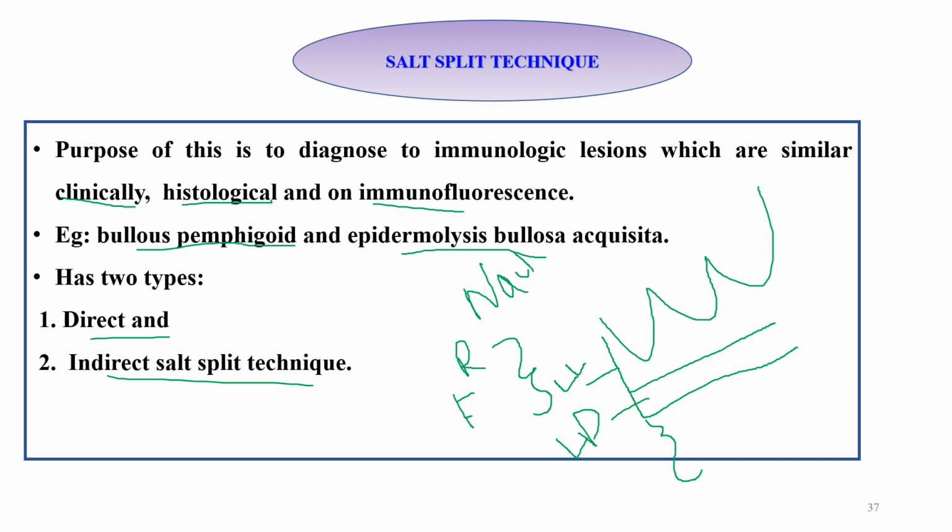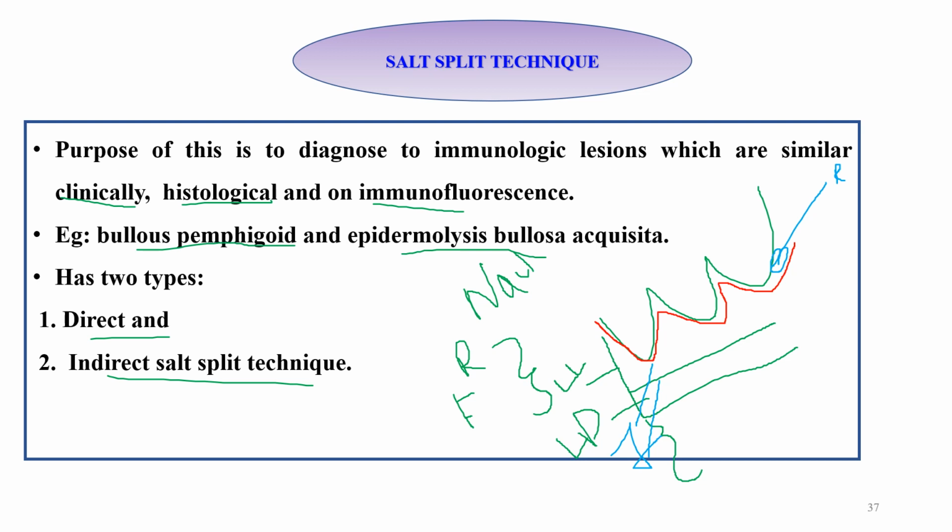So a split is caused between the components of the epithelium, that is hemidesmosome, and the lamina lucida. So whatever I am drawing with the red line is the split. Whatever immunoreactants go and bind to the hemidesmosomal component form the roof. Whatever components go and bind with either the lamina lucida or still deeper lamina densa form the floor.